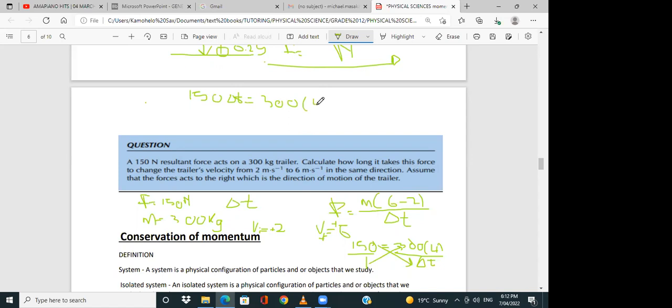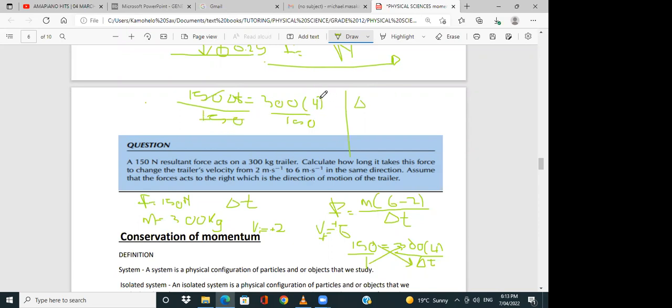Multiplied by 4, and just write it down like that. And then when I have 150 divided by 150 both sides. Why are we dividing by 150 both sides, guys? We are solving this mathematically, so you want to make your delta t the subject of the formula, okay?